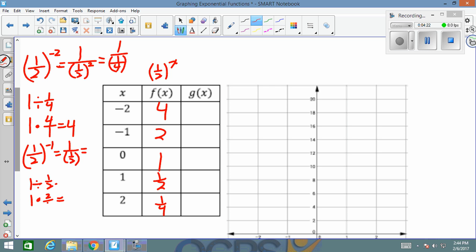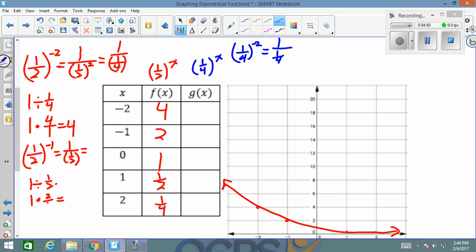So let's go ahead and graph those points. It's going to look something like that. Then you're going to do the same thing for the other one. This time it's 1/4 to the x. So this will become 1/4 to the negative second, which is 1 over 1/4 squared. If we square both of them, it will be 1 over 1/16, that's 1 divided by 1/16, which is the same as 1 times 16 over 1.